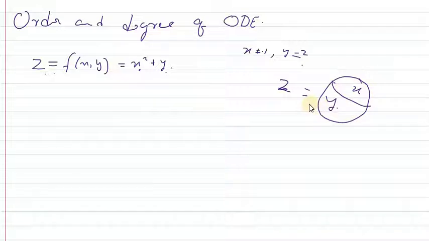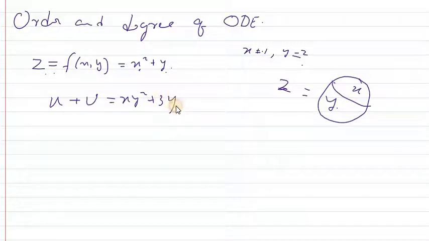It has consequences. Likewise, you may have an equation like u plus v equal to xy square plus 3x, 3y square x cube.